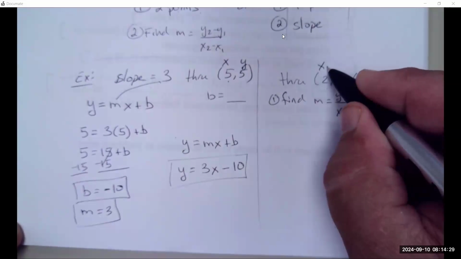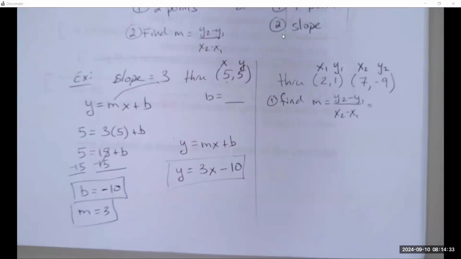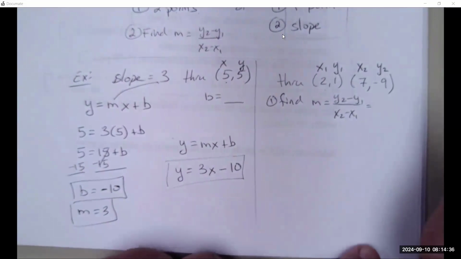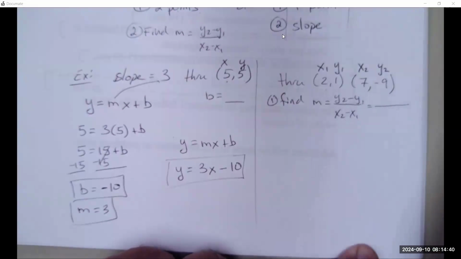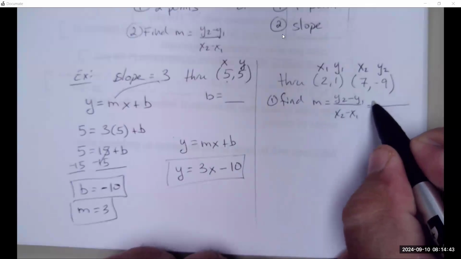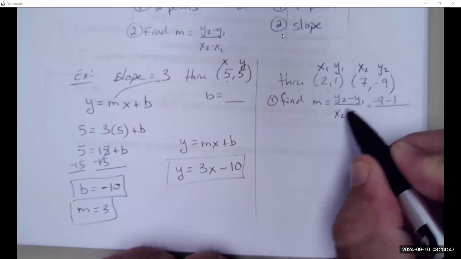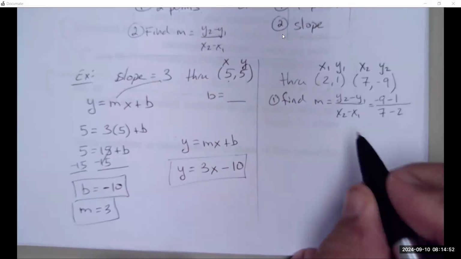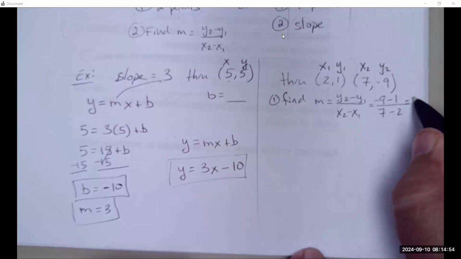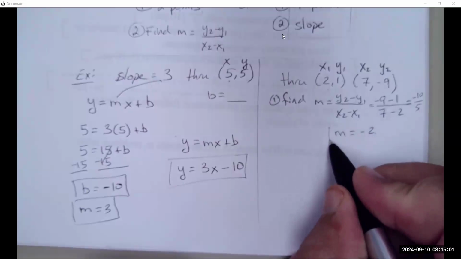So we label my points x1, y1, x2, y2. y2 is negative 9 minus 1, over 7 minus 2, which is negative 10 over 5. So my slope is negative 2.